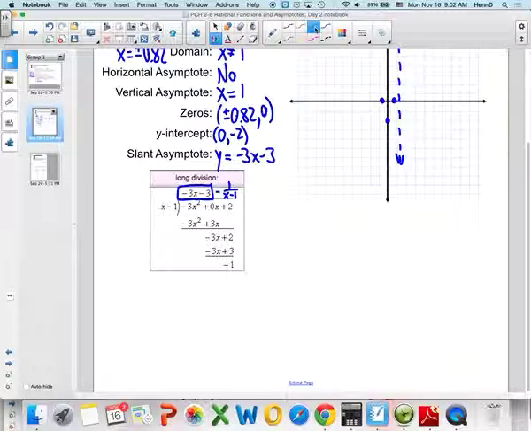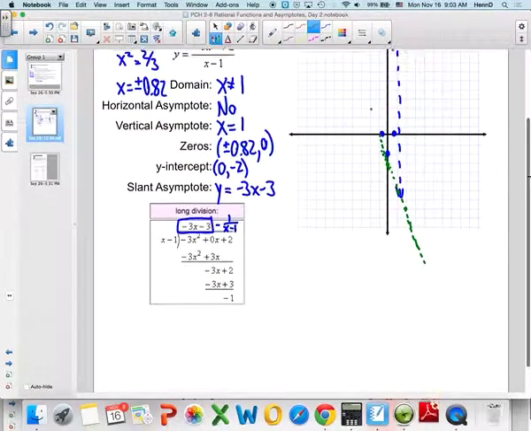Okay. Here's the line y equals negative 3x minus 3. So here's negative 3, 1, 2, 3 over 1. Here is my slant asymptote. It should hit right here, and then there, and then there, and then there.